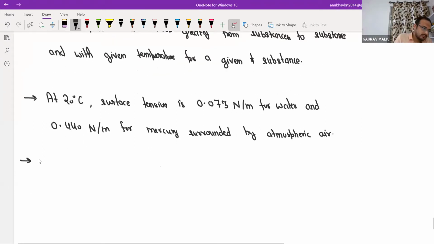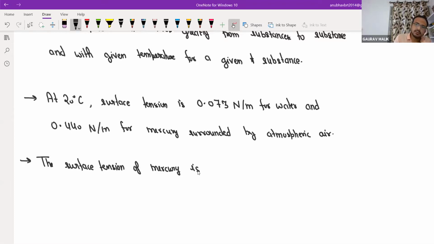Next point. The surface tension of mercury is large enough that mercury droplets are spherical.